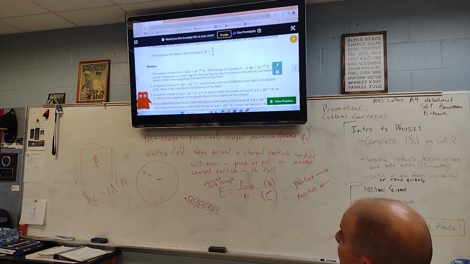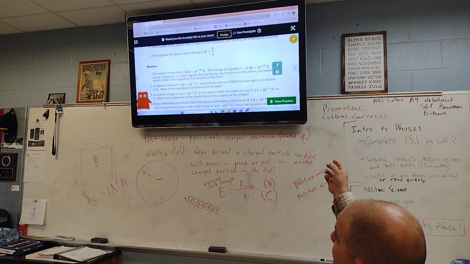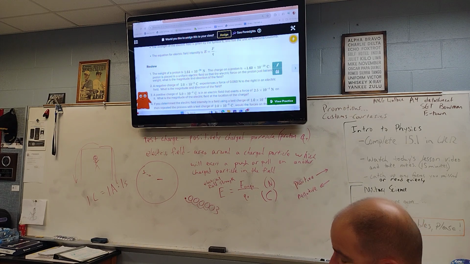And we're going to divide that by the charge in coulomb. It says the charge of a proton is 1.6 times 10 to the negative 19.